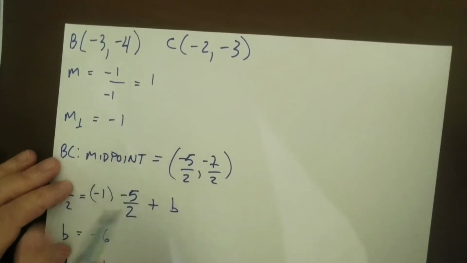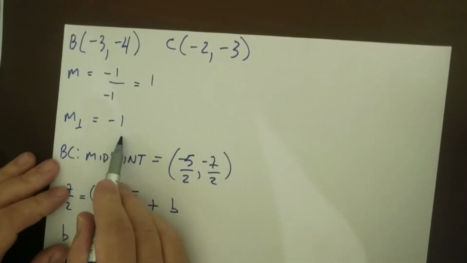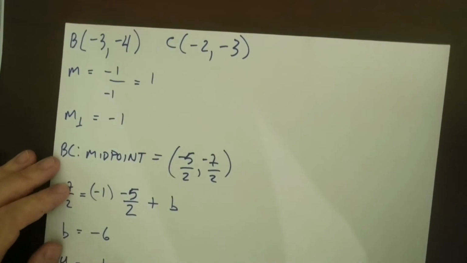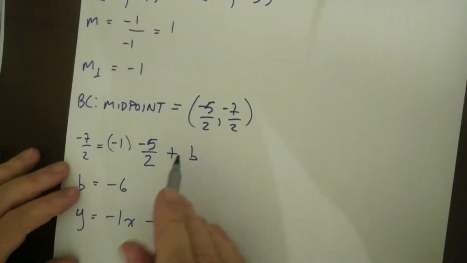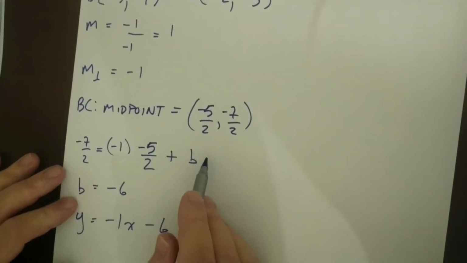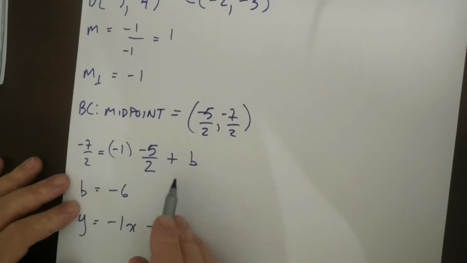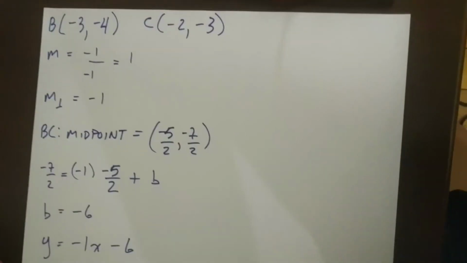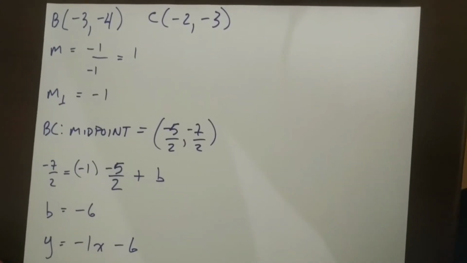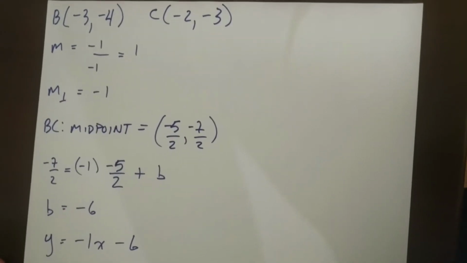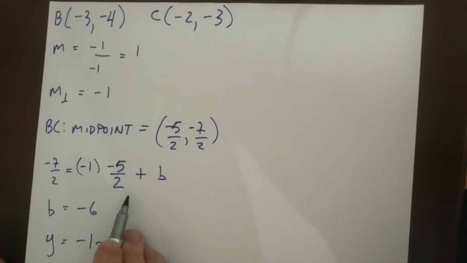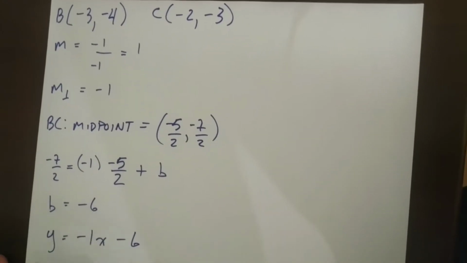I found the reciprocal, or the inverse, and I found the midpoint. And then I went ahead and solved for b for the perpendicular bisector, and the y-intercept is -6, and here's the equation I got.